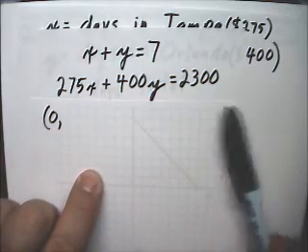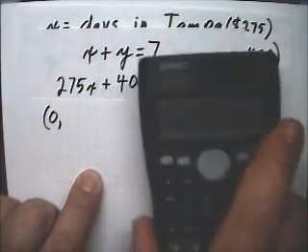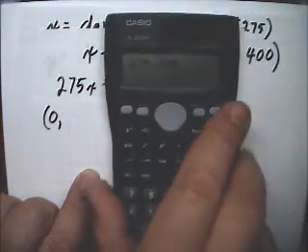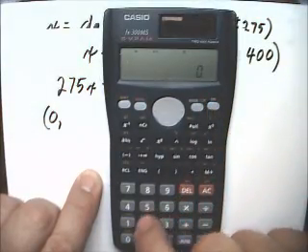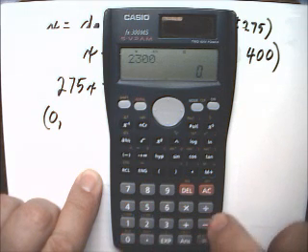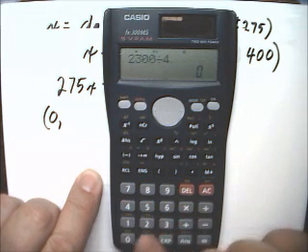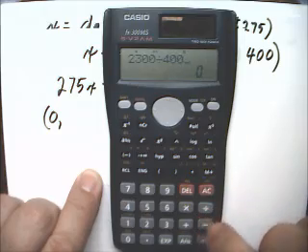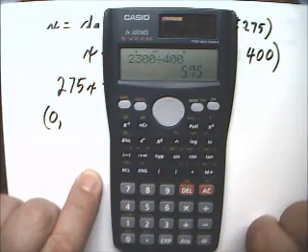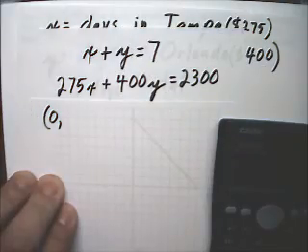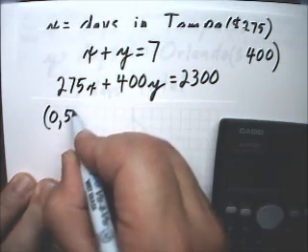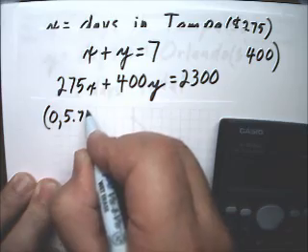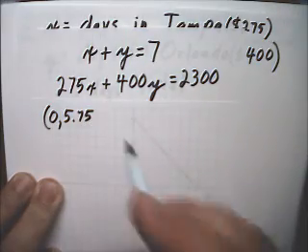Then 400y equals 2,300, so I end up with 2,300 divided by 400, which is $5.75.